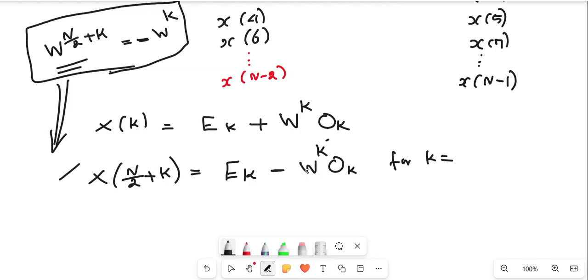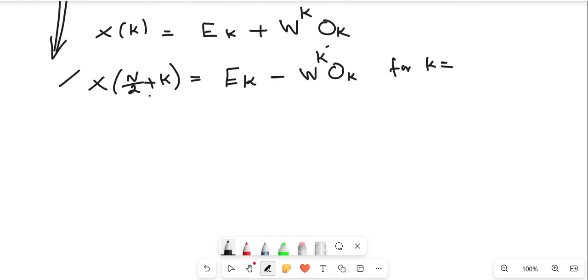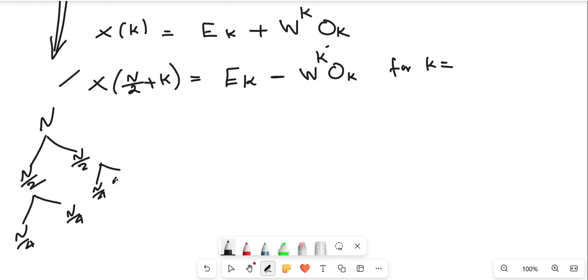So apply the same decomposition: you divide N into N by 2 and N by 2, and again you divide N by 4 into N by 4 and N by 4.